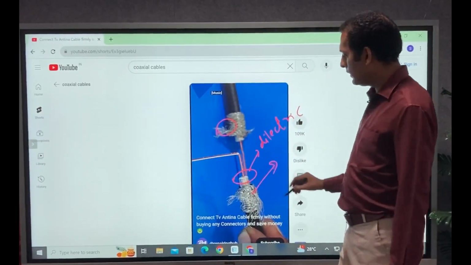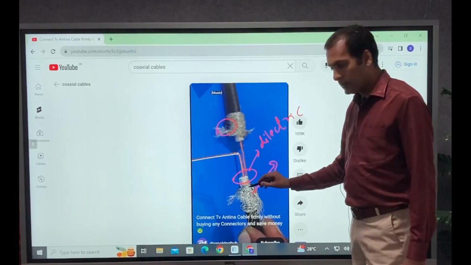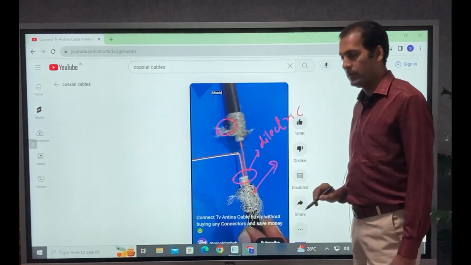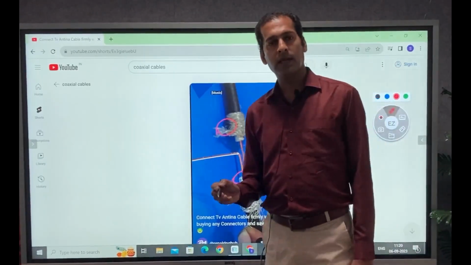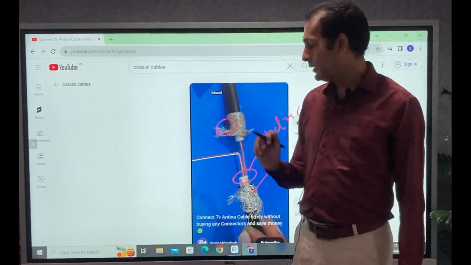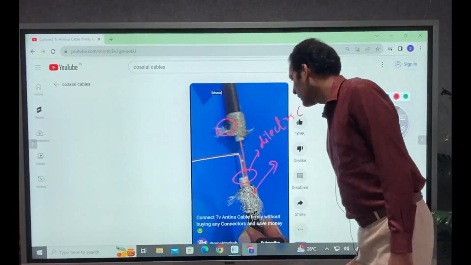So here we can see two conductors separated by a dielectric, that is nothing but a coaxial cable. Normally we connect it with the television. This is an example of coaxial cable.